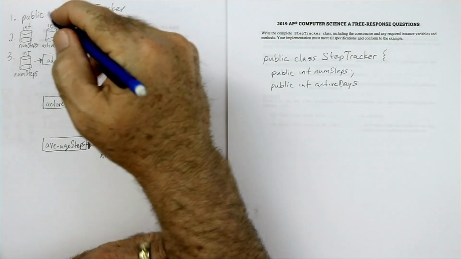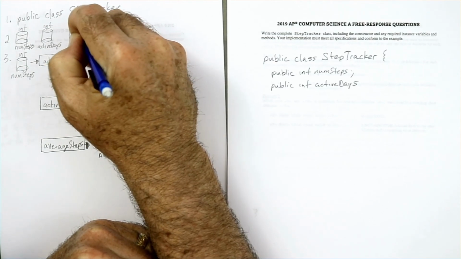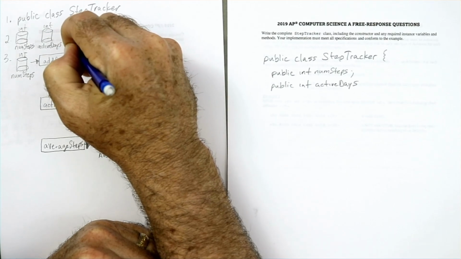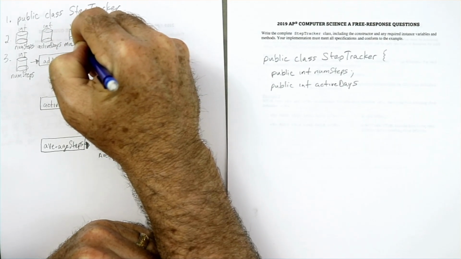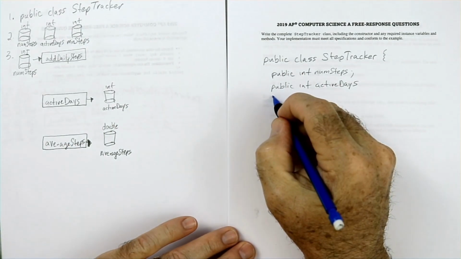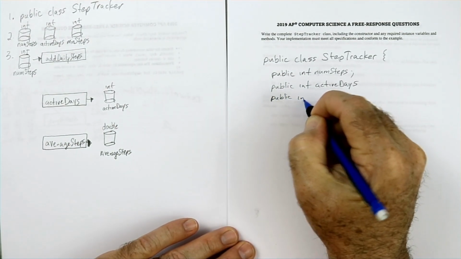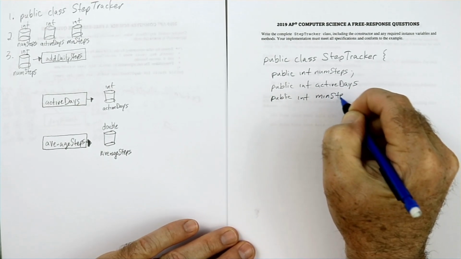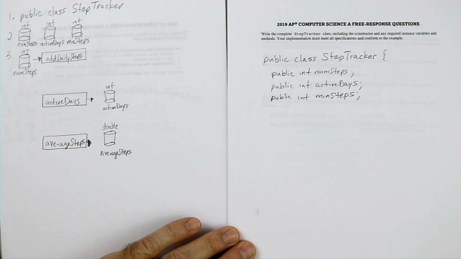Okay, so I'm going to go up here and go int min steps. Therefore, I got to put it over here. Public int min steps. So you have to have a minimum amount of steps to have active days. Okay, so that looks pretty good.